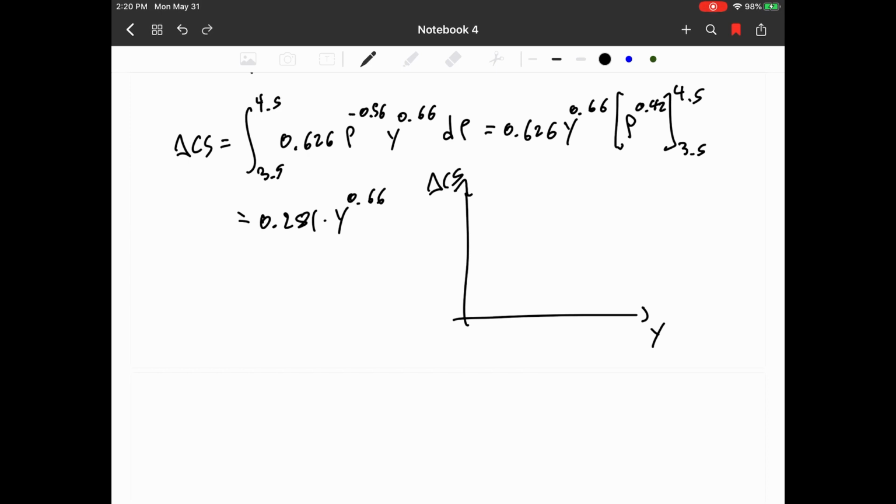Generally, if the exponent here was 1, we would see an upward slope that was linear, and the slope would be determined by this coefficient here. But what we're actually seeing is something that looks more like this. So this is our change in consumer surplus.